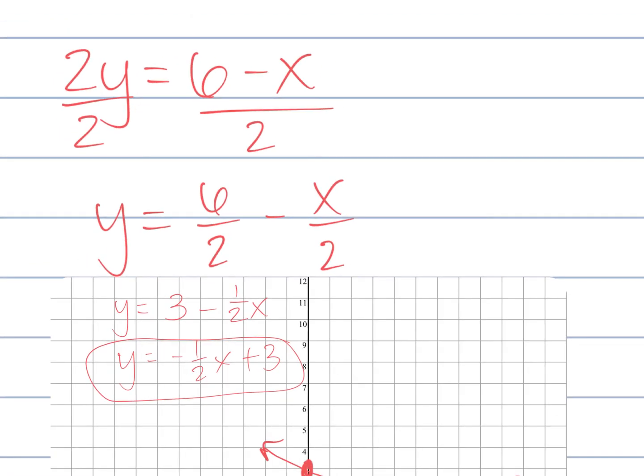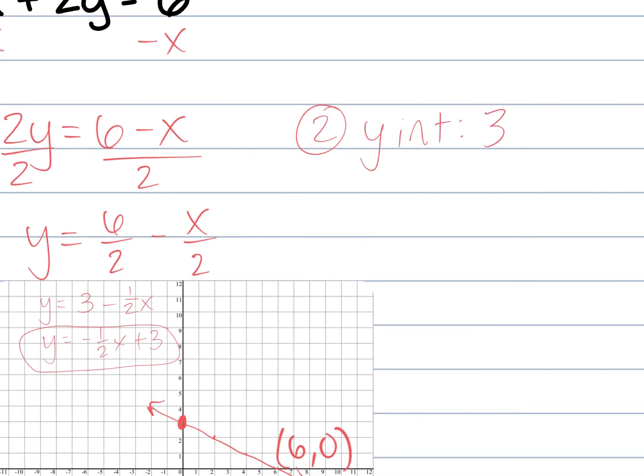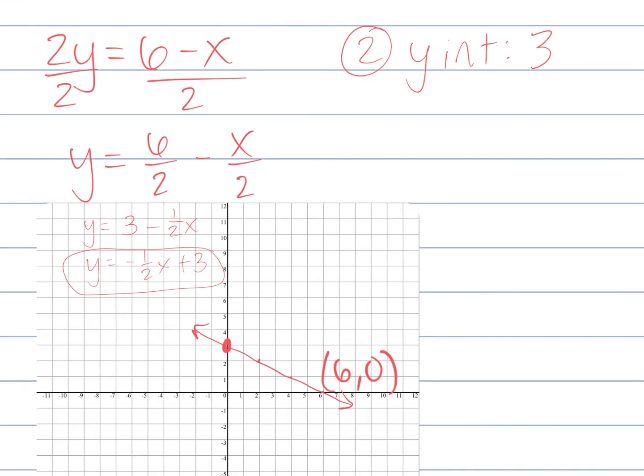What'd you do after that? My slope was negative. Slope does not come next. What's step number 2? Oh, my y-intercept. Thank you. Y-intercept? 3. So you started at 3. And then what'd you do?